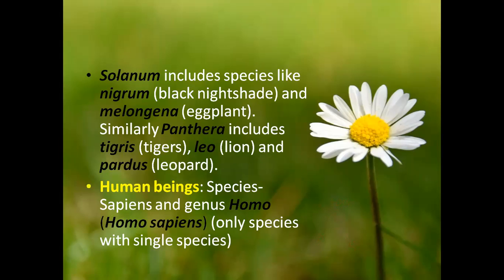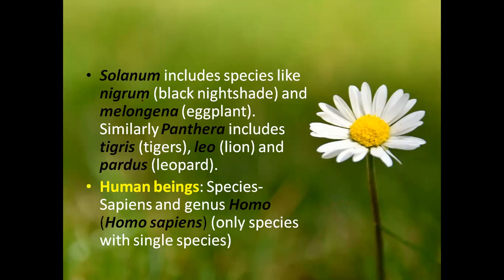So here Solanum, this comes under the potato family. Solanum includes species like nigrum, black nightshade, and melongena, eggplant, that is brinjal.